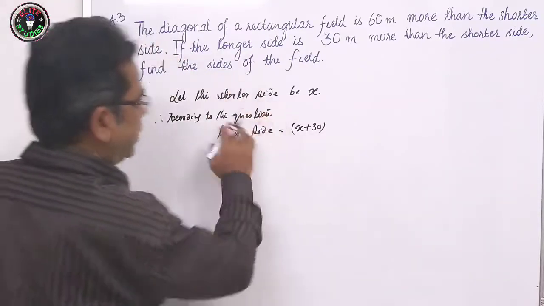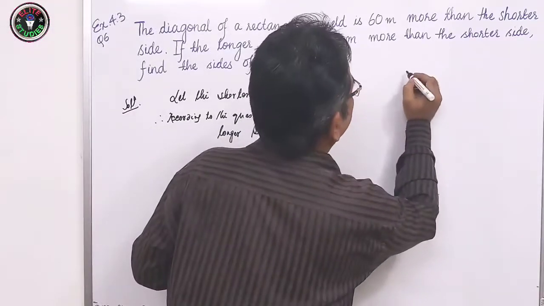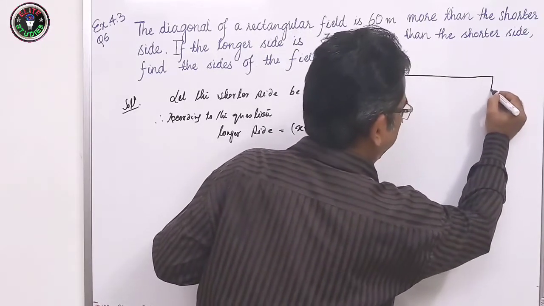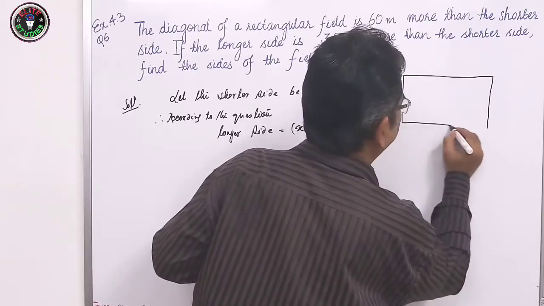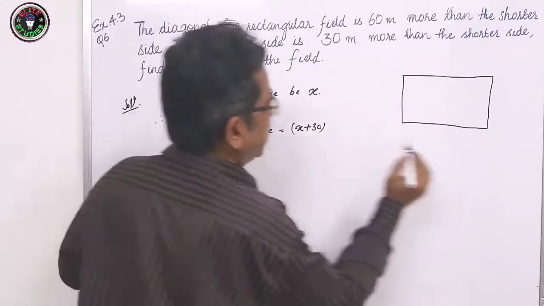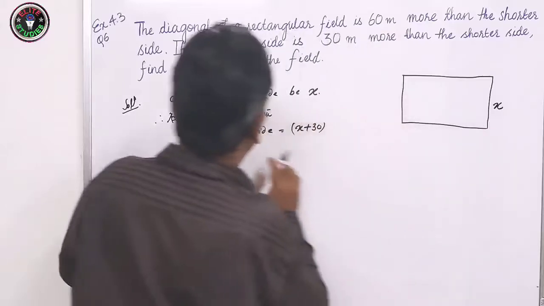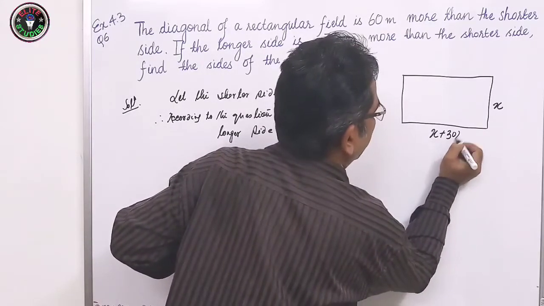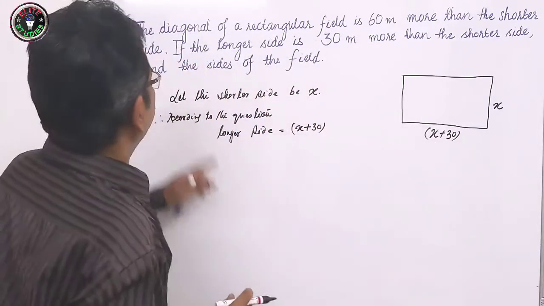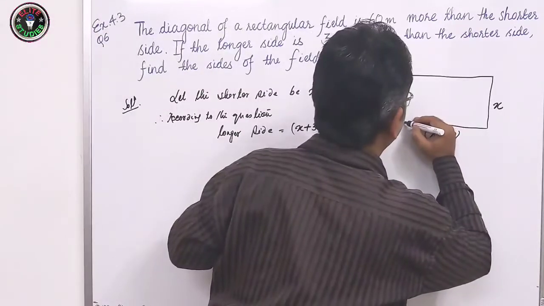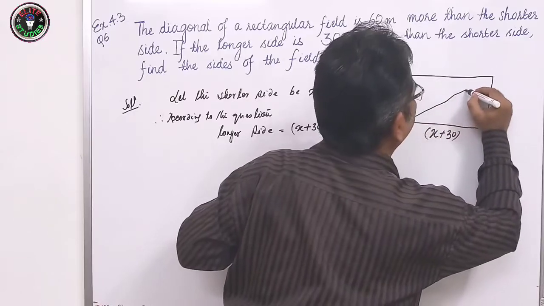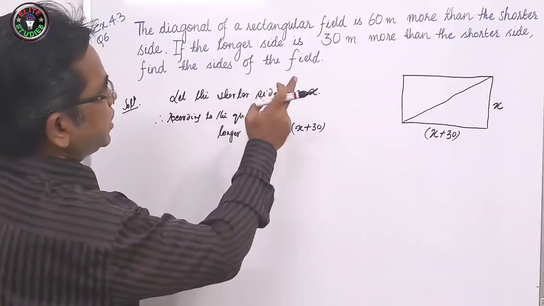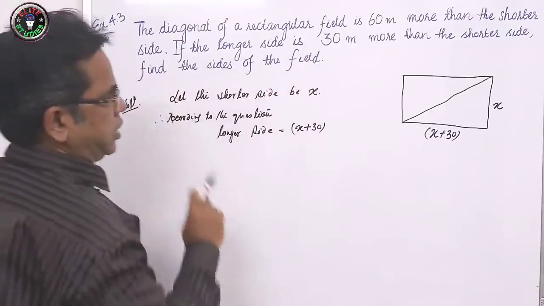What is the equation? In this type of case, it is better to draw a figure. This is a rectangle. Here, the shorter side has been taken as x and the longer side has been taken as x plus 30. Clear? Now the diagonal. This is the diagonal. The diagonal is 60 more than the shorter side.